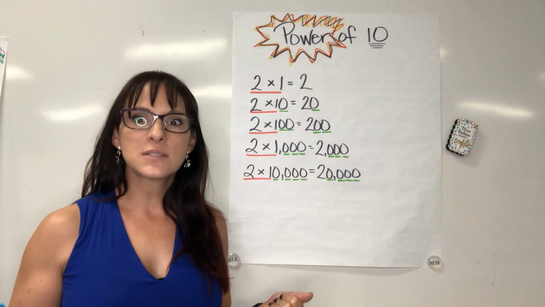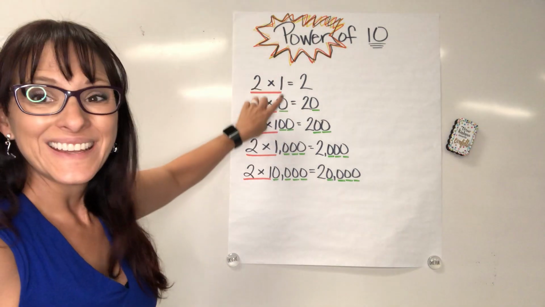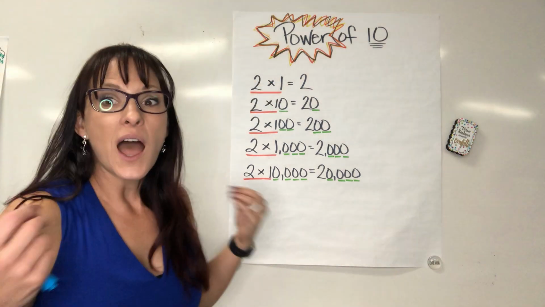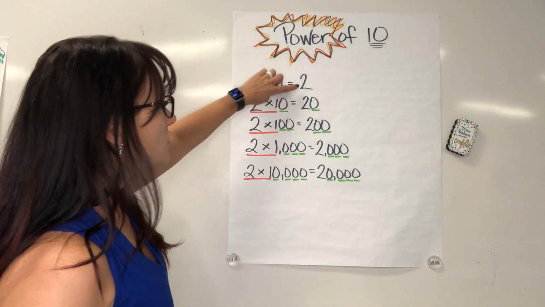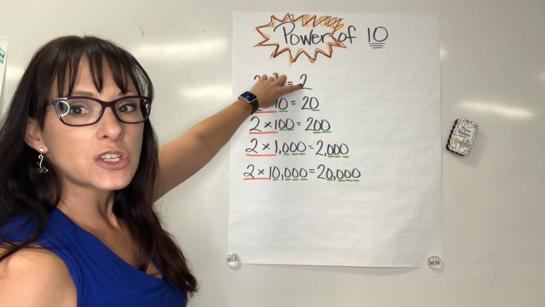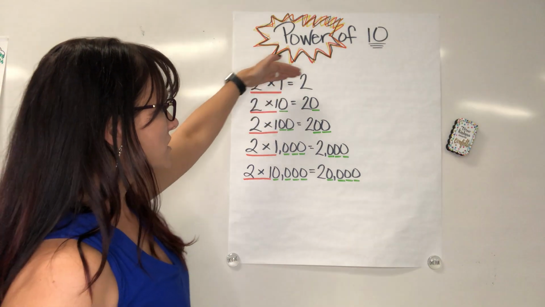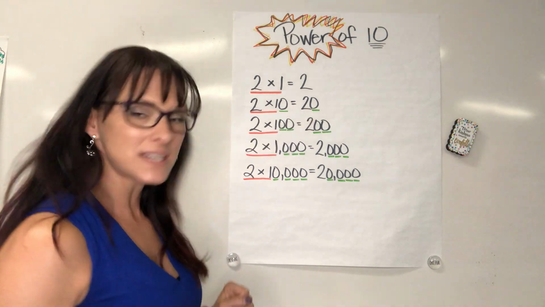How many 1s are in 10? There are 10 1s in 10. So going from 1 to 10, I multiplied by 10. I went 10 times more. So my answer from 2 to 20 is 10 times more. 2 times 10 is 20.